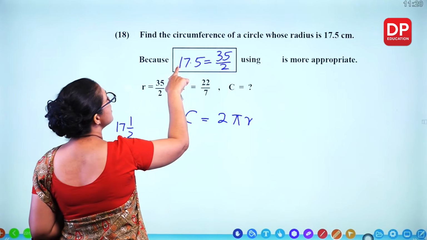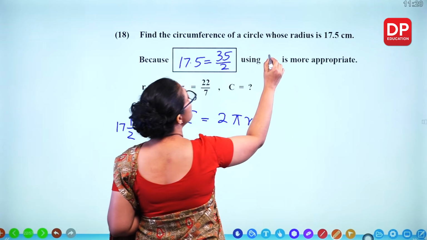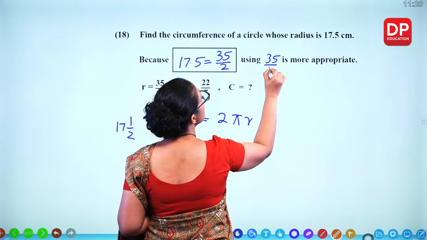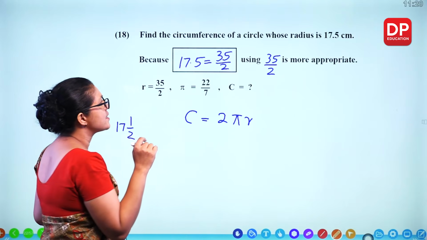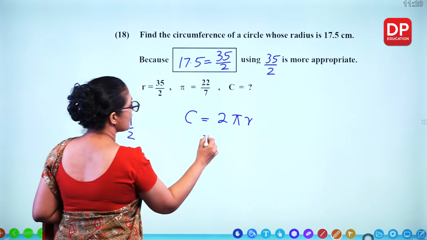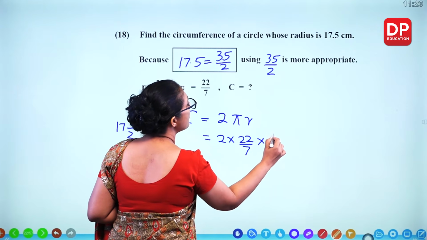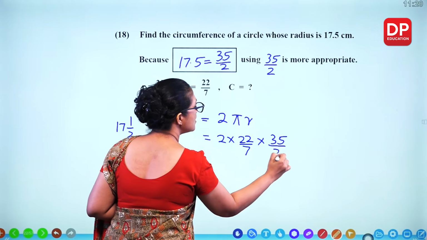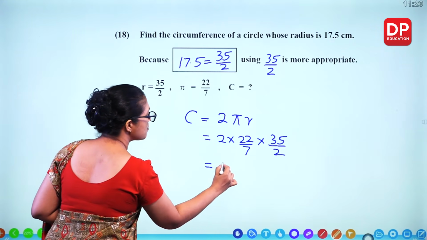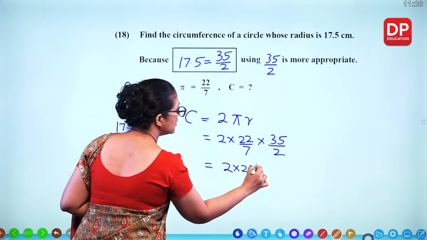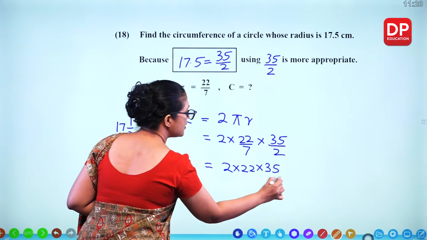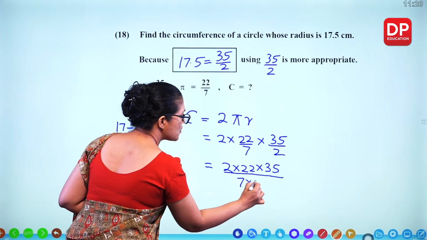Here, instead of 17.5, 35/2 is more appropriate. 2 times pi, 22/7. R is 35/2. So multiply the numerator and the denominator becomes 7 times 2.